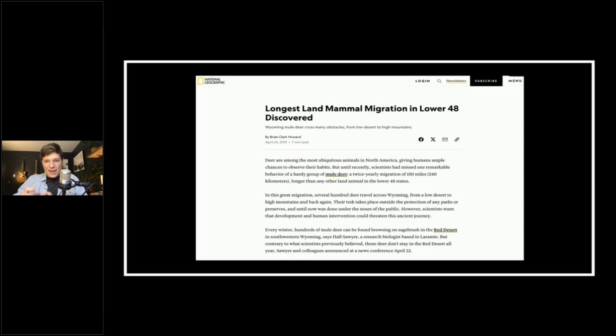And at the same time, there were photographers and artists with the university who were documenting this migration because, as you can imagine, this has a lot of implications for how we manage wildlife crossings across roads and habitat connectivity.